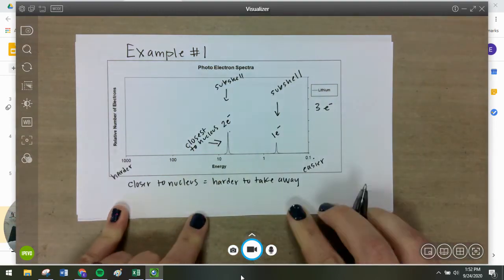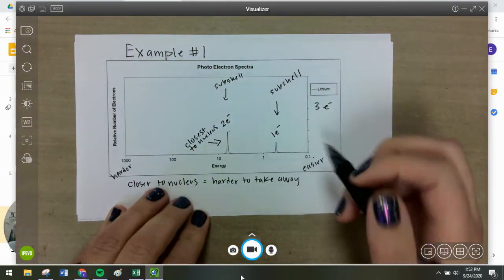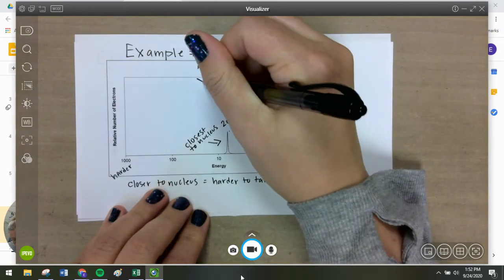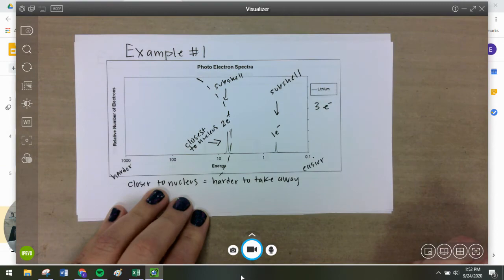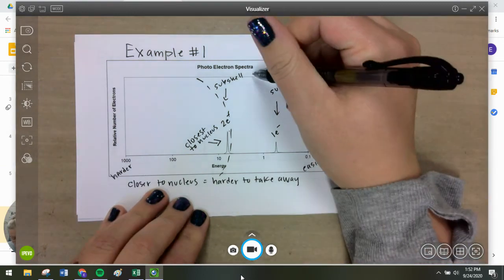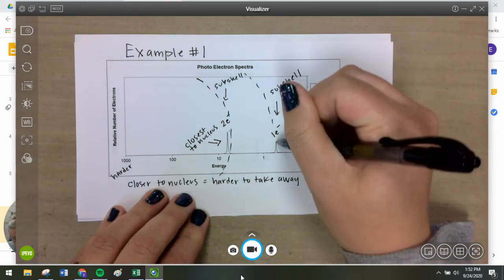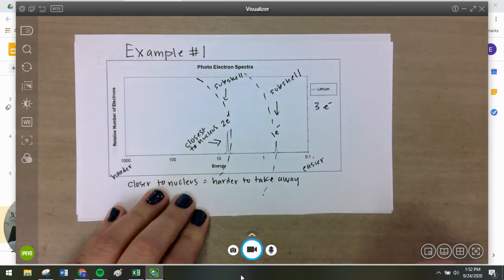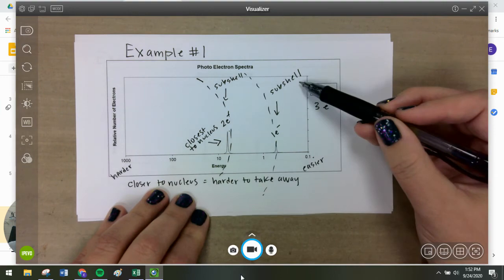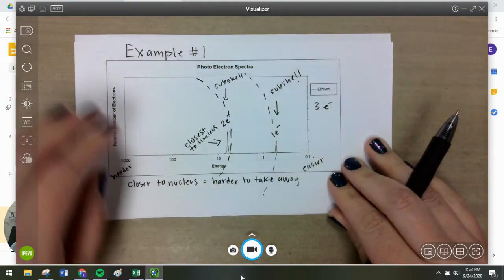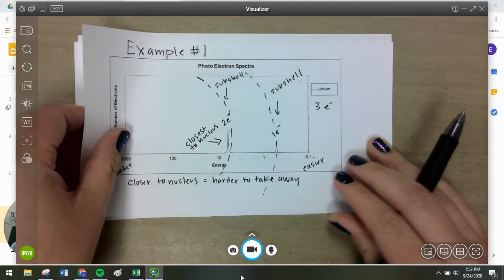When we think about our electron subshells, those layers of electrons, our first layer has 2 electrons in it, and our second layer has 1. So the first subshell has 2 electrons, the second subshell has only 1 electron. That's example number 1.